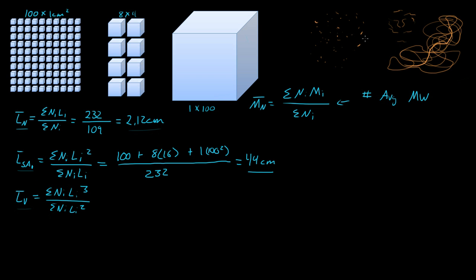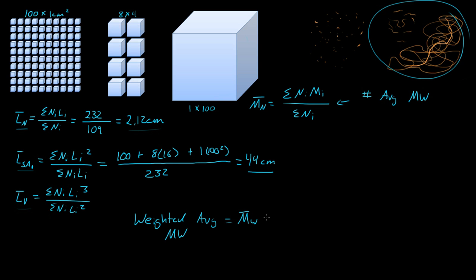With polymers, the reason we have these different types of averages is because these polymers are much more important when you're dealing with viscosity. So how we do it is we say, okay, we're going to do the weighted average molecular weight, which is simply Mw bar.